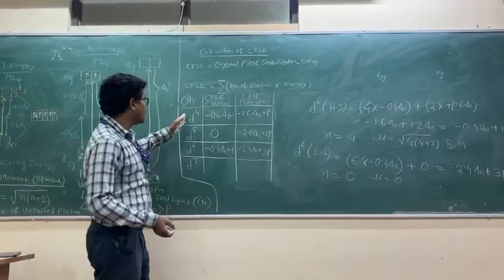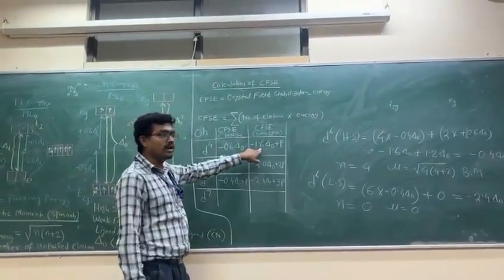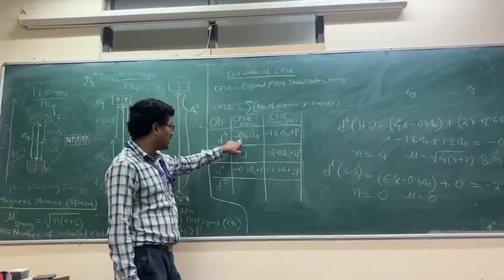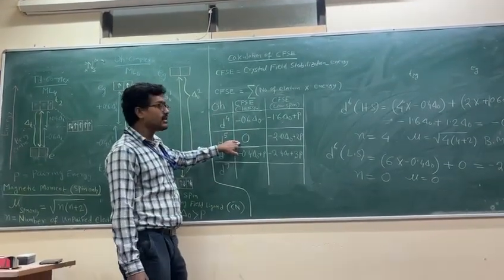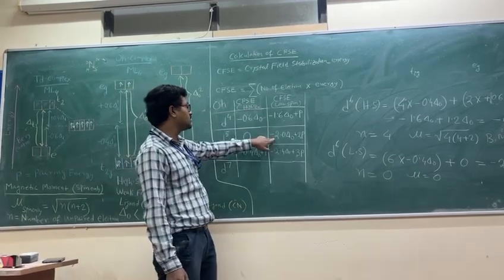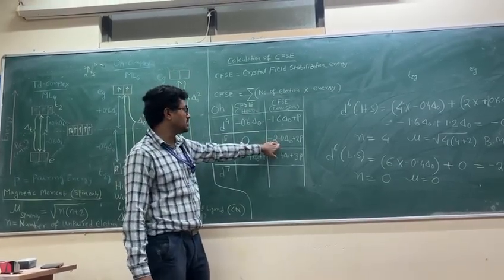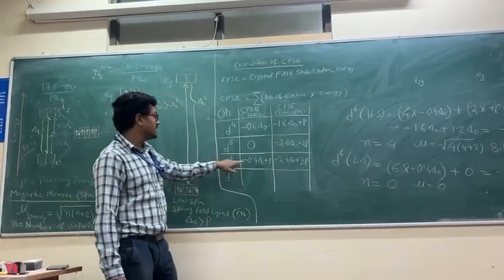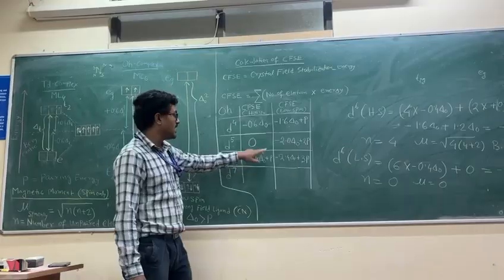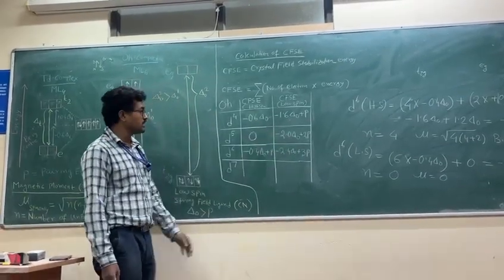So for D4, the low spin complex is more stable because it is minus 1.6, which is only minus 0.6 for high spin. For D5, high spin CFSE value is 0, but here the CFSE value is minus 2.0. So this one, the low spin complex, is most stable. For D6 also you can see there is minus 0.4 only, and this is minus 2.4. So D6 also, the low spin complex is most stable.